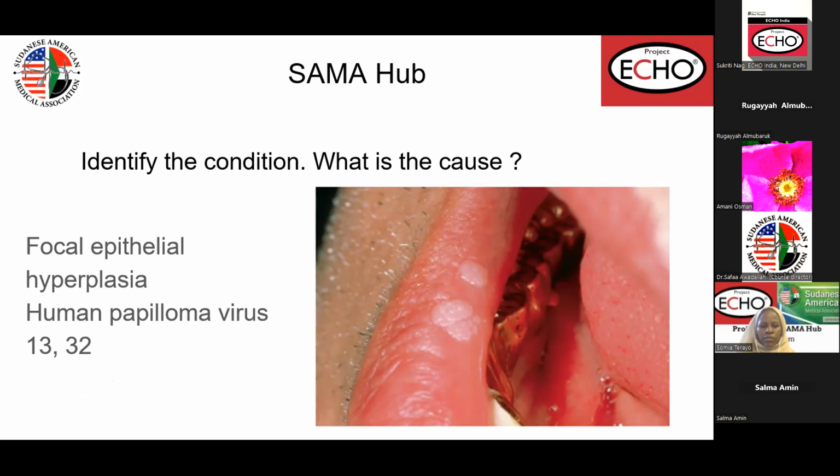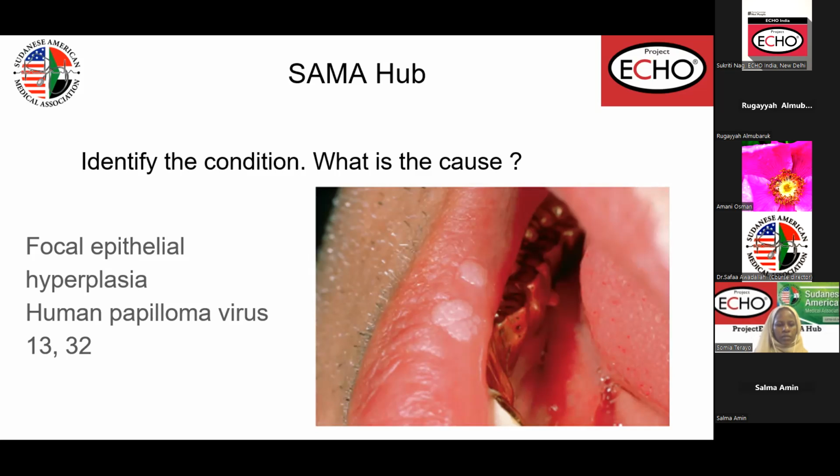Okay, this is focal epithelial hyperplasia or Heck's disease. It is actually caused by human papillomavirus, subtype 13 and 32. You asked the question before about the difference between Heck's disease and condyloma acuminatum, and there you have it.